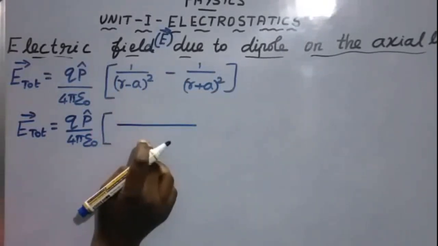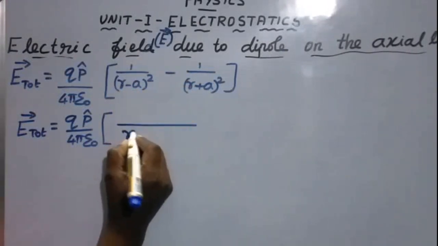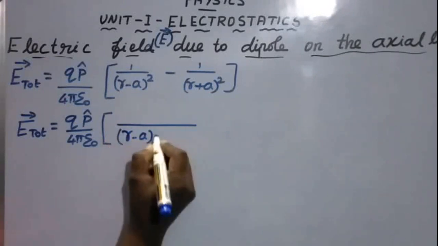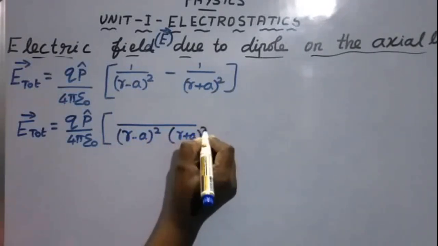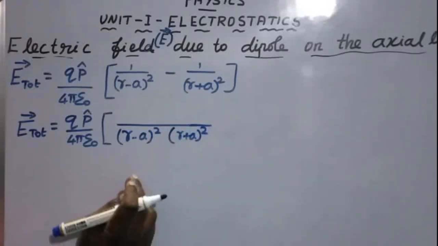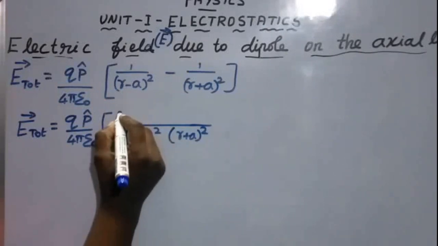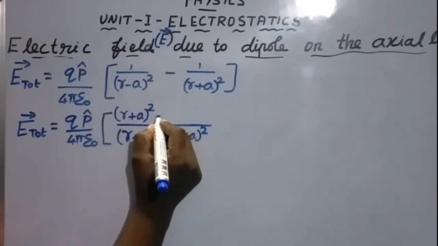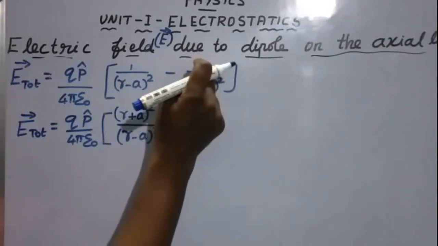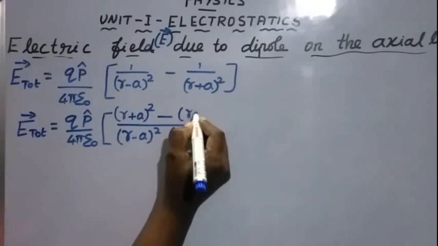In the denominator, these two will come in multiplication: (r minus a) the whole square into (r plus a) the whole square. But in the numerator, cross multiplication: 1 into this term is equal to (r plus a) the whole square. This minus sign will come into 1 into (r minus a) the whole square, which is equal to (r minus a) the whole square.